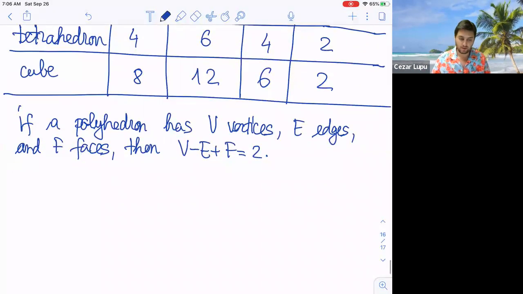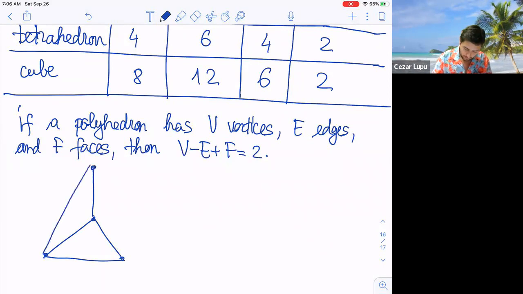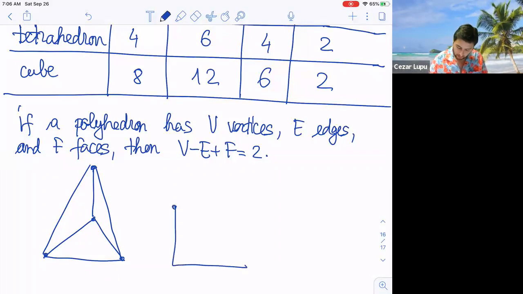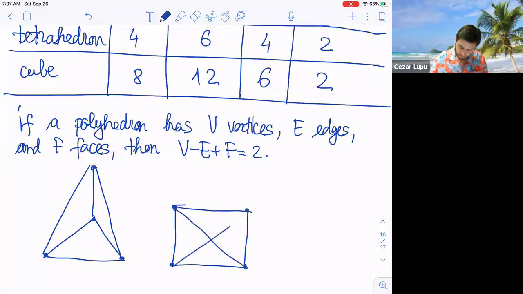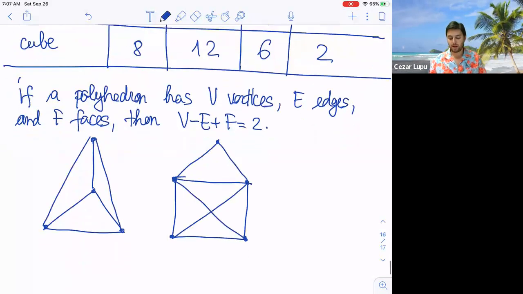And let me just give you examples of a planar graph. For example, this graph is planar, like this. This is a planar graph. Another example of a planar graph is this one. As you can see, these are planar graphs.